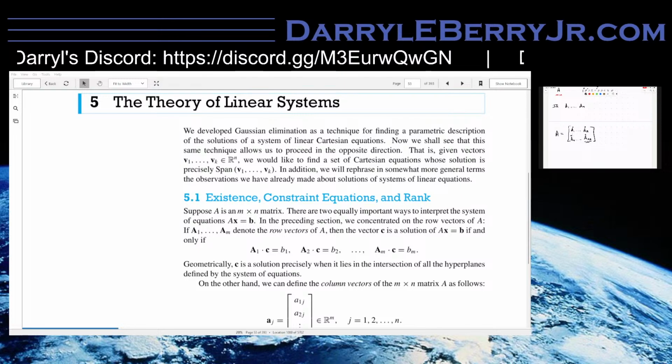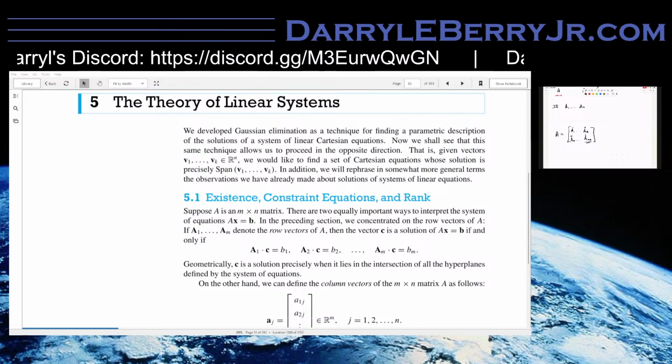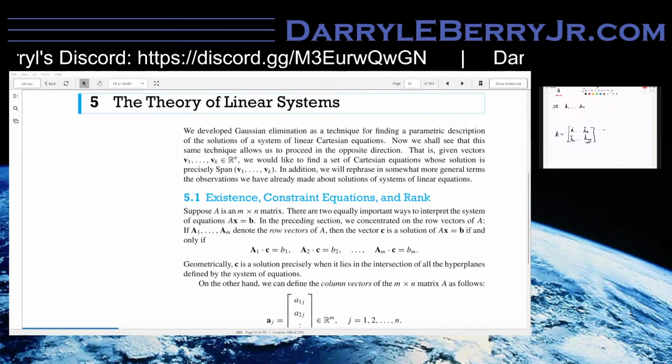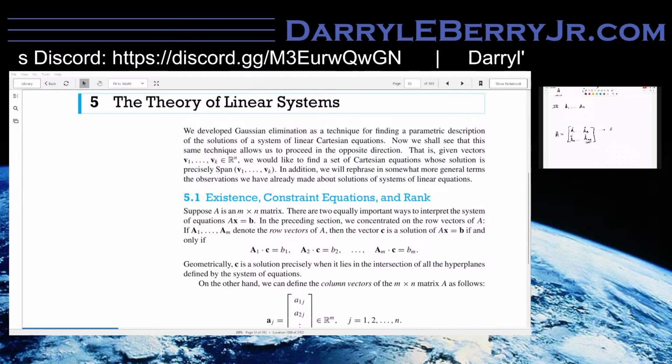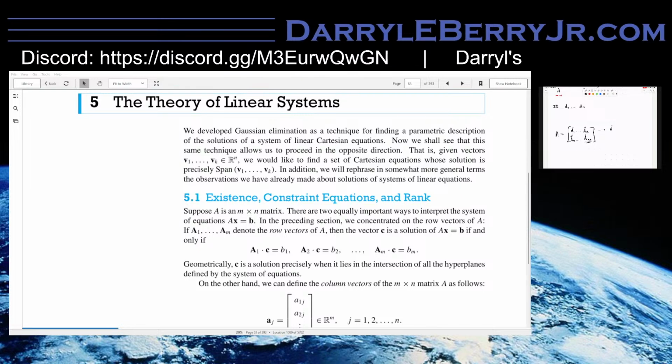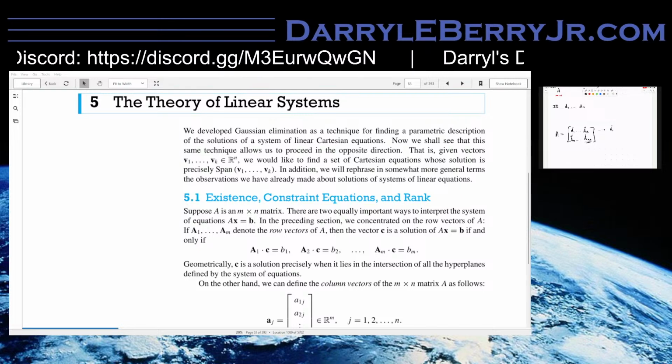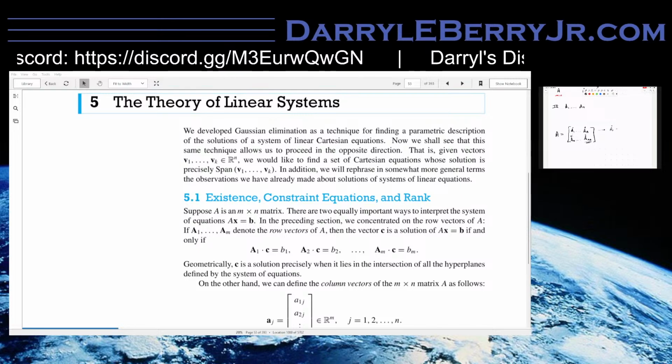So what it's saying is A1 is this entire row. I'm unclear about what the notation will be. This is this entire row of vectors.